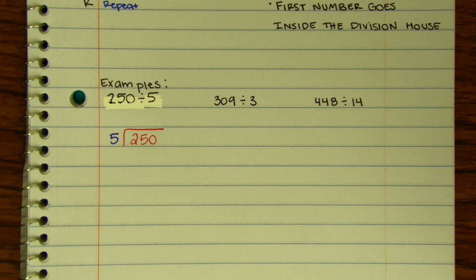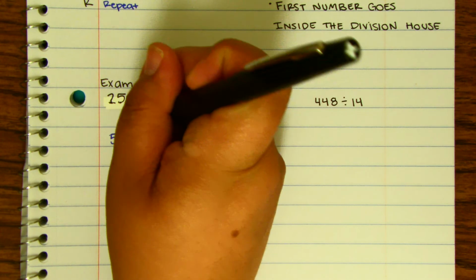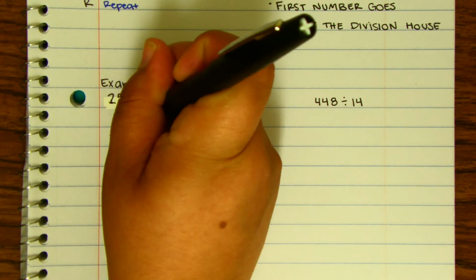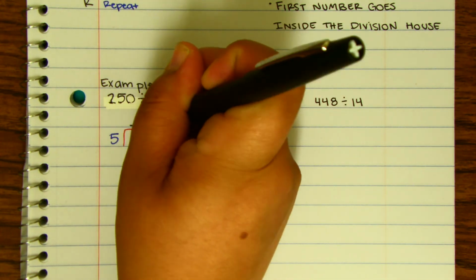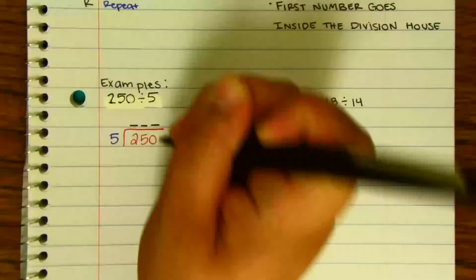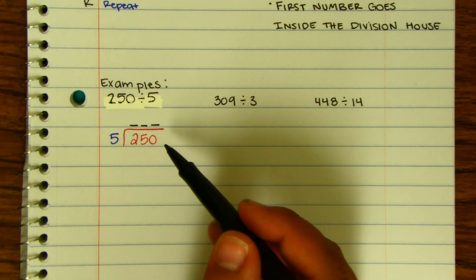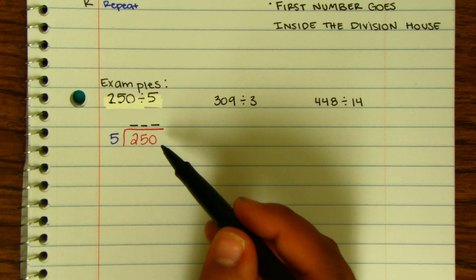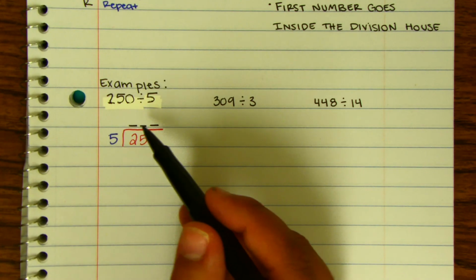Now I'm ready to start dividing. But before I start dividing, I am going to make some little notes for myself to help me to realize what I'm going to be dividing. So the first thing I'm going to do is I am actually going to go above the divisor house, and I'm going to write a line above each number in the dividend.